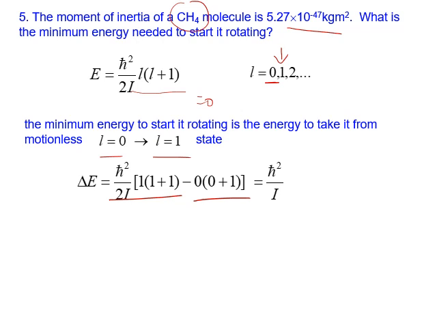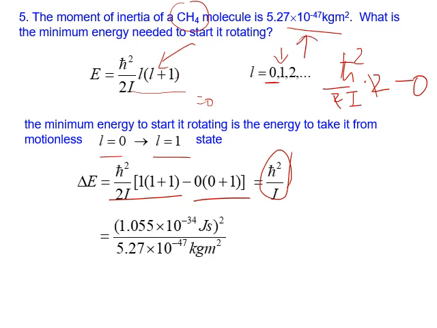When L equals 1, put in here, 1 plus 1 is 2, so you have h bar squared divided by 2I, and here you times 2, and the minus actually 0, so this cancels. You have h bar squared divided by I, and I is the given moment of inertia. So plug in, and that's the answer.